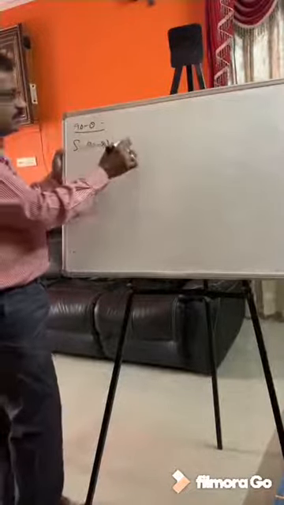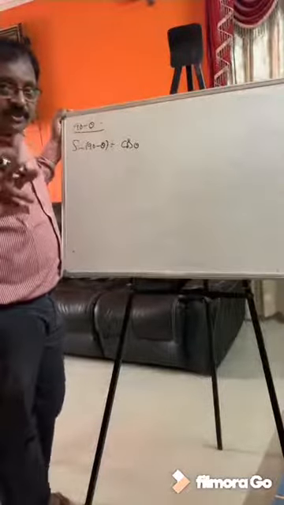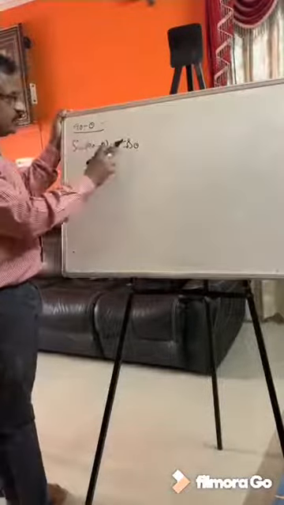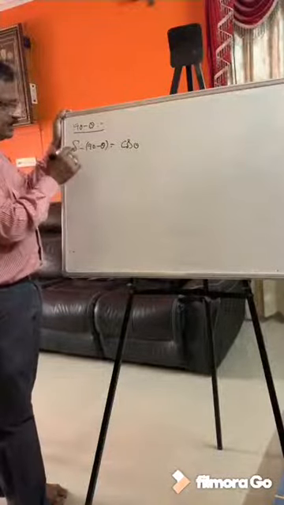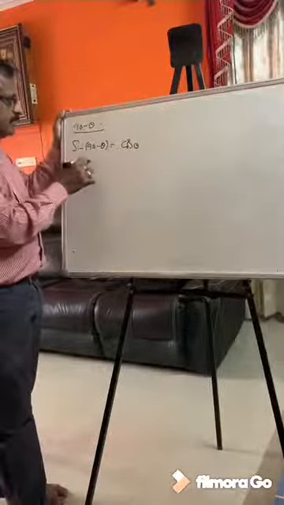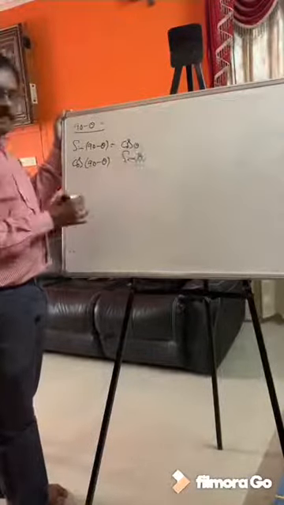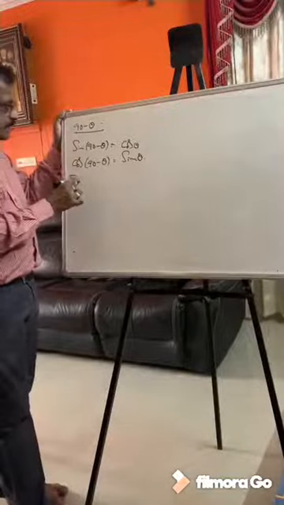Then you will get here cos theta. 90 minus theta, which quadrant? First quadrant. In first quadrant, how is sin? Positive. So you need to consider left hand side. Sin is positive. Cos 90 minus theta. For example, I am taking sin theta. Tan 90 minus theta.